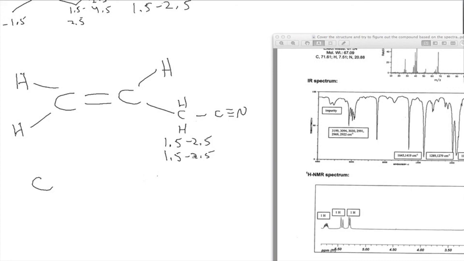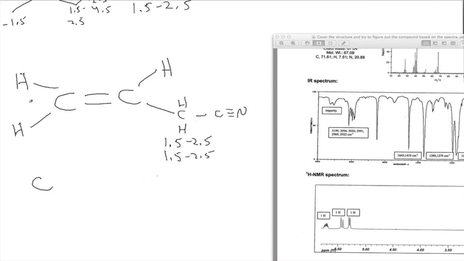All right. This splitting is a little harder to explain. You shouldn't worry too much about the splitting in alkenes. Alkene splitting is difficult. These 2 hydrogens are not equivalent to each other because one of them is cis to the nitrile and one is trans. So technically this hydrogen is getting split by this hydrogen and maybe also this hydrogen too.